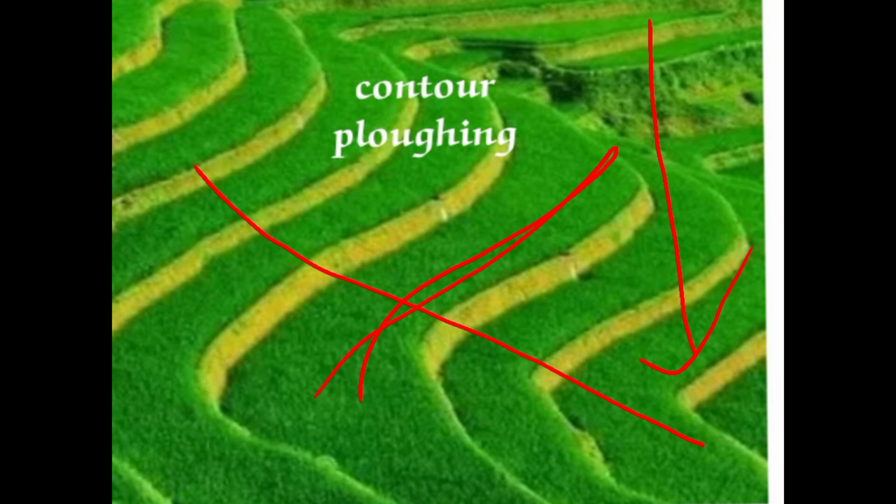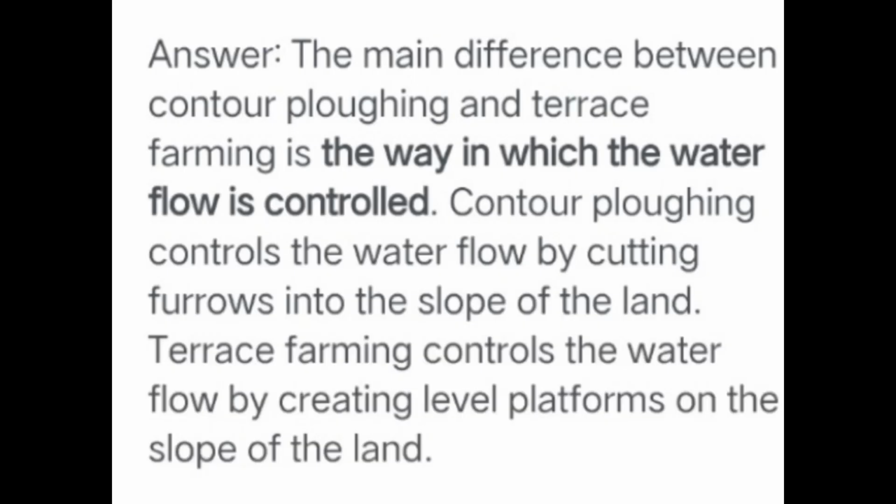This type of cultivation is called contour ploughing. Here steps cut the water flow, and on these slopes terraces or platforms are made to have some cultivation and reduce the flow of water.